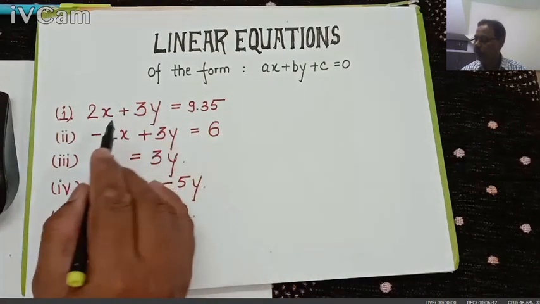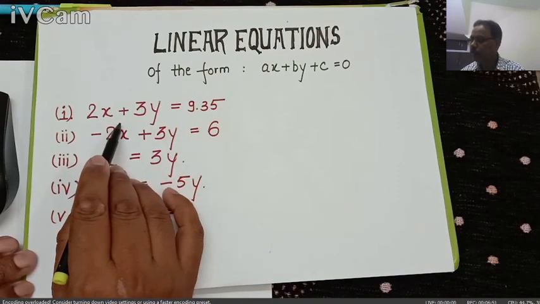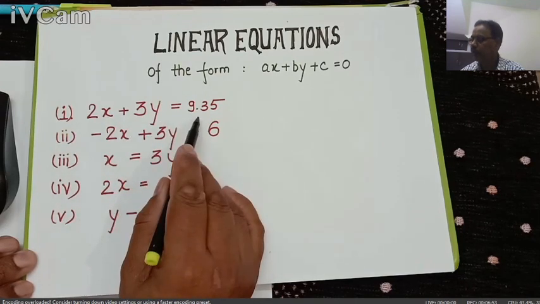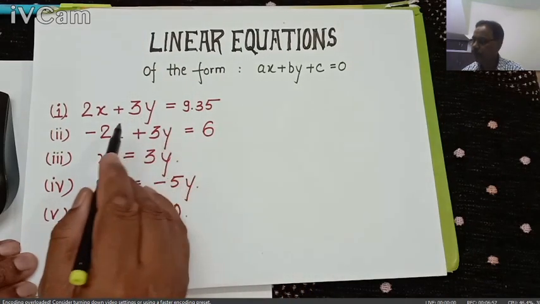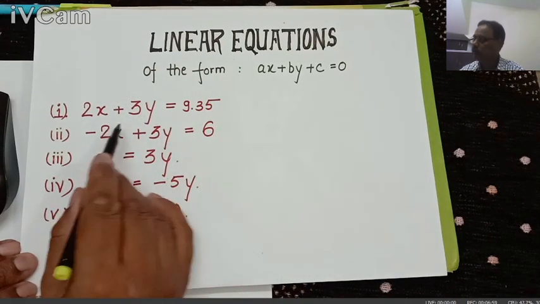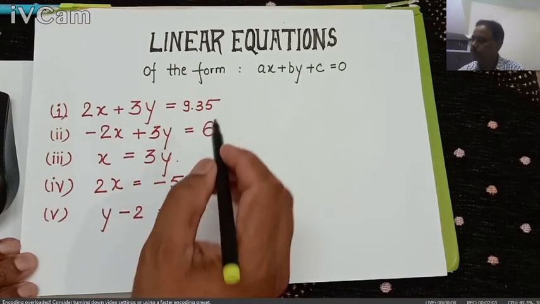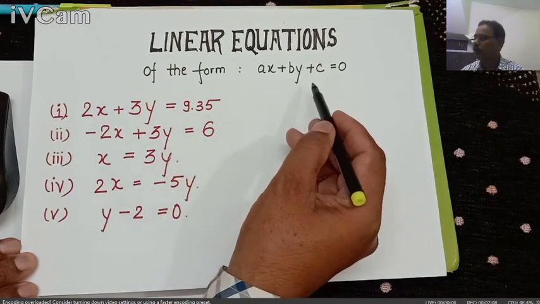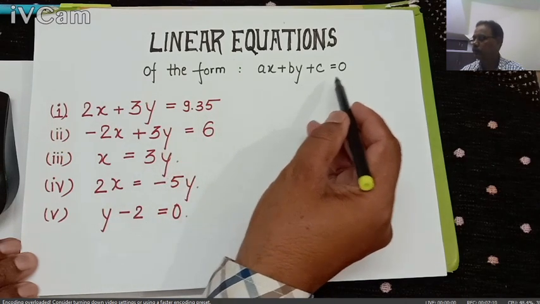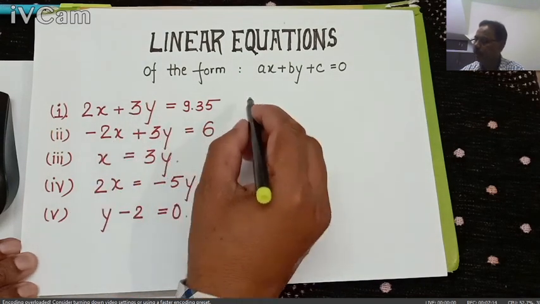This is the linear equation in two variables, 2x plus 3y equal to 9.35. This is not of this form. So first we shall write it in this form. So how do we write? Let us see. 2x plus 3y equal to 9.35, but our standard form is equal to 0. Understand? So we shall transpose it to the left side.